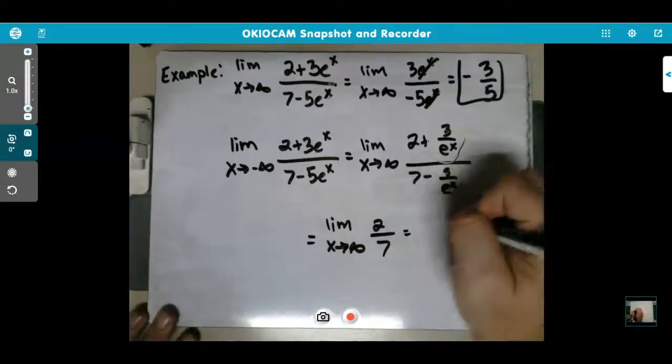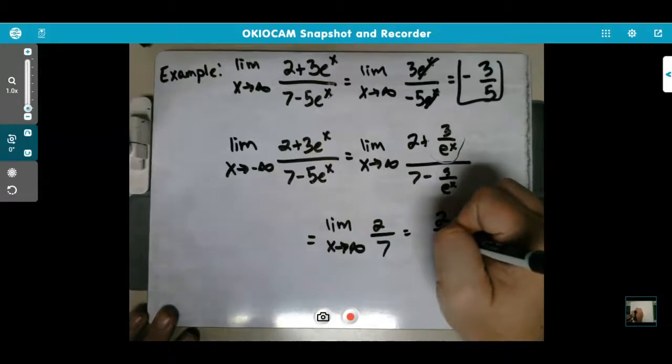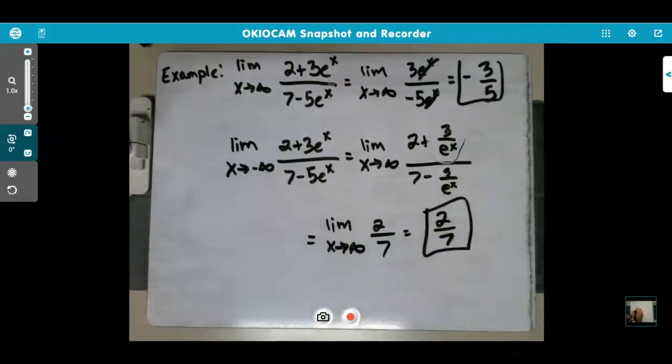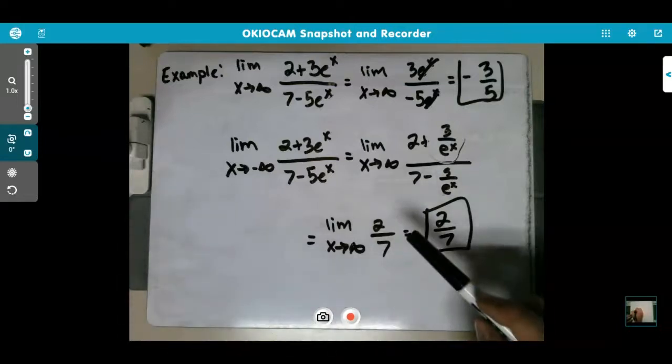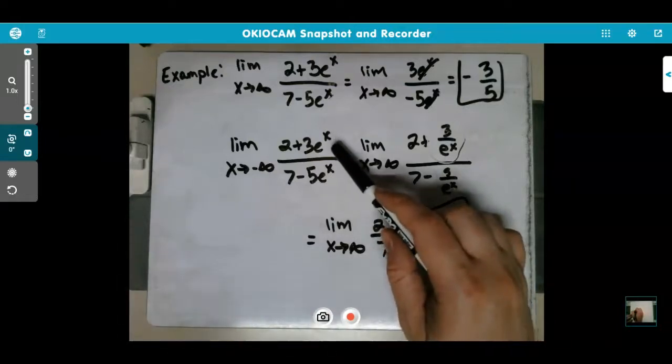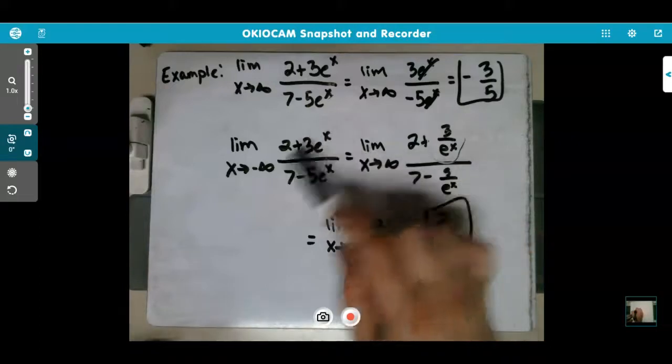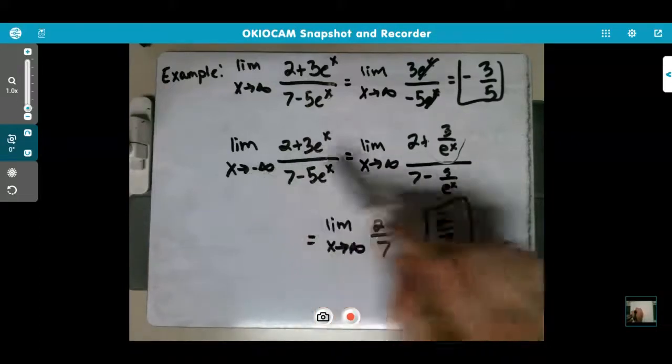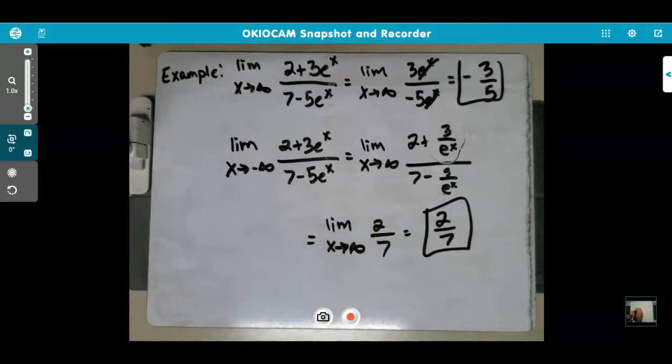So that's going to be 2 over 7. So that's the harder, quote unquote, part whenever I have e's there, because if I have e to a power, the minus sign actually puts it in the denominator. Okay? So just be mindful of that.